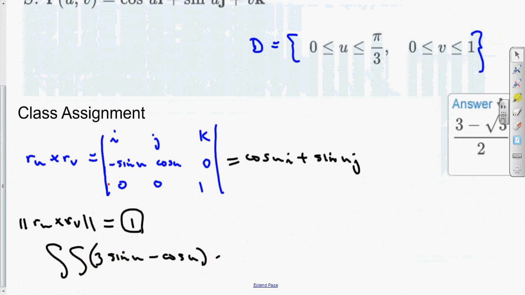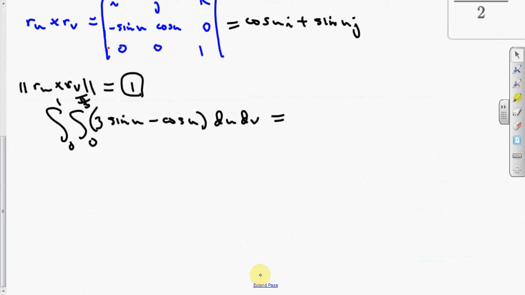And if we use, let's say here, du dv, and the u goes from 0 to pi over 3, and the v goes from 0 to 1. So integrate with respect to u.